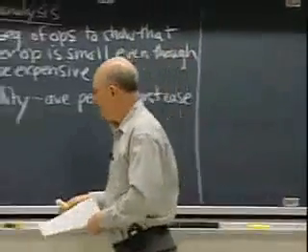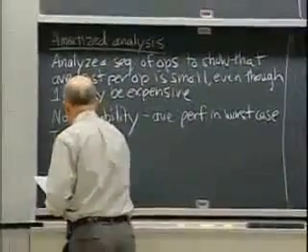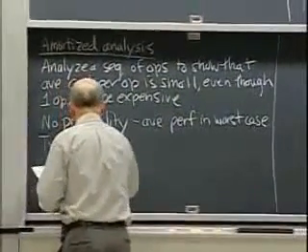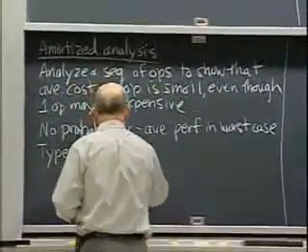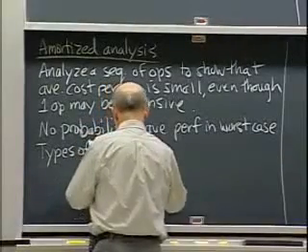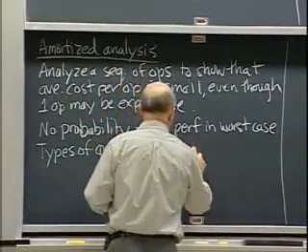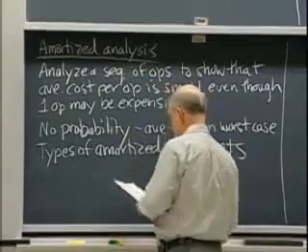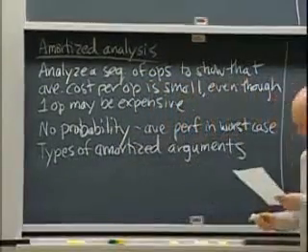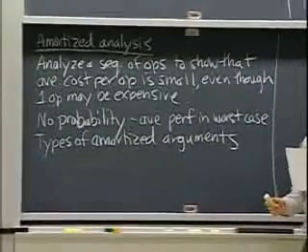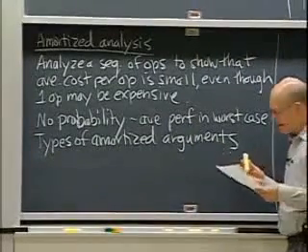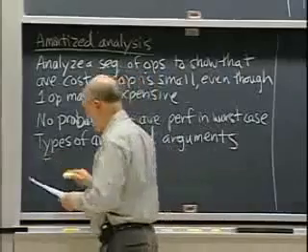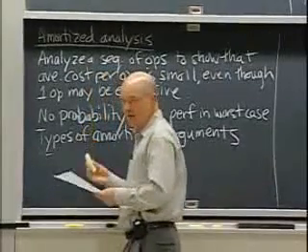Now, there are 3 types of amortized arguments that appear in the literature. Maybe there are more. At one point, there were 2, and then a 3rd one was developed. So maybe there's a 4th.